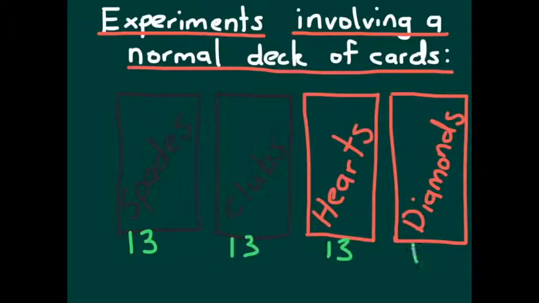So if you think about it, that means there's going to be 26 black cards, 26 red cards. 26 plus 26 is 52. So there's 52 cards in a normal playing deck. And that 13 cards involves ace, 2, 3, 4, 5, 6, 7, 8, 9, 10, jack, queen, king.